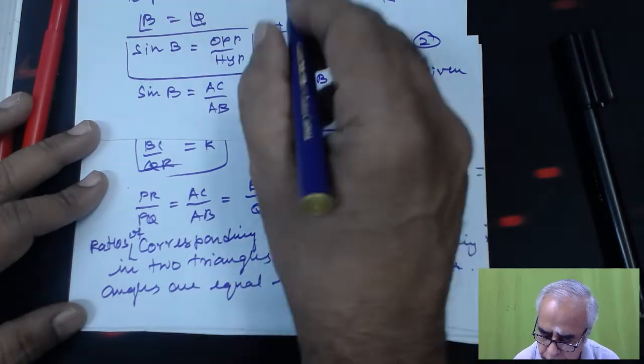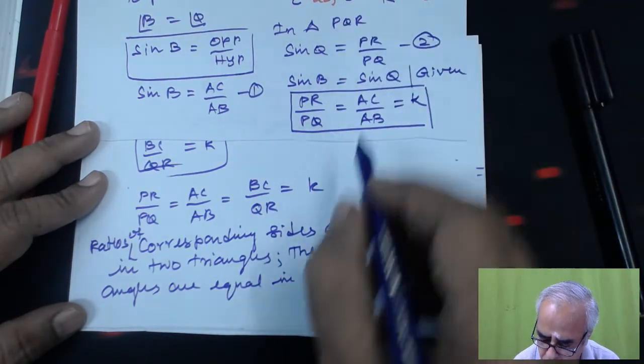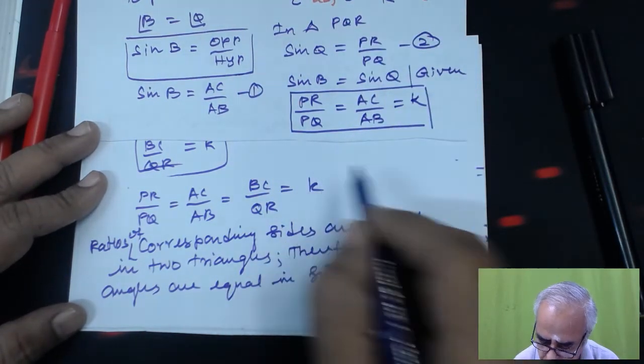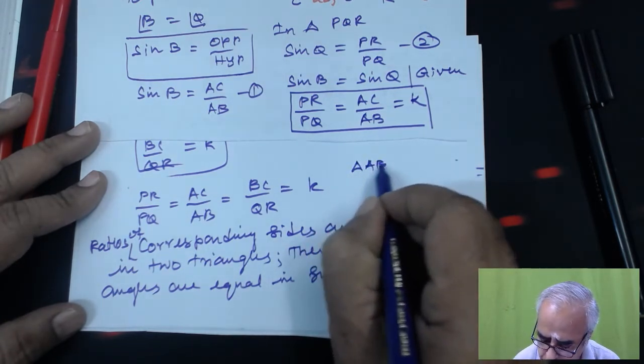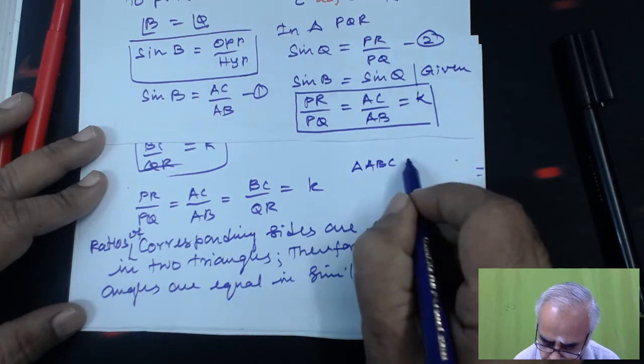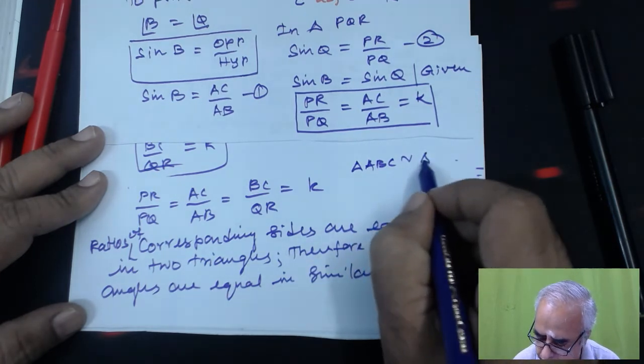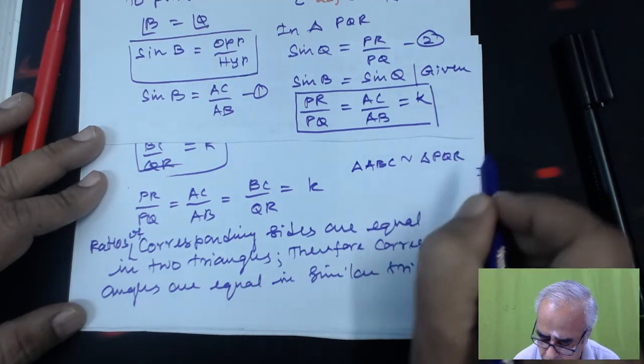Okay, so it means ABC and PQR are similar triangles, is it not? And therefore triangle ABC is similar to triangle PQR, okay.